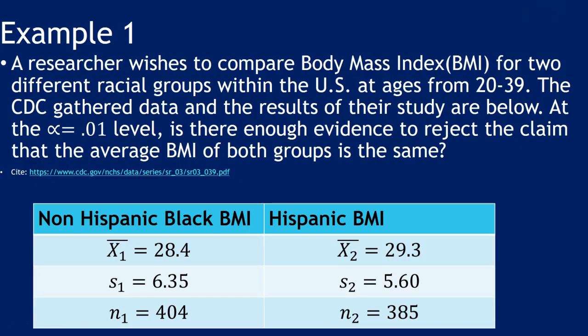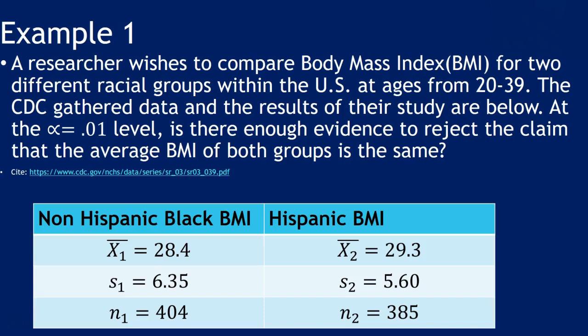So here's a typical question that would come up in light of the two-sample testing situations. A researcher wishes to compare body mass index, BMI, for two different racial groups within the United States, looking at the ages from 20 to 39.